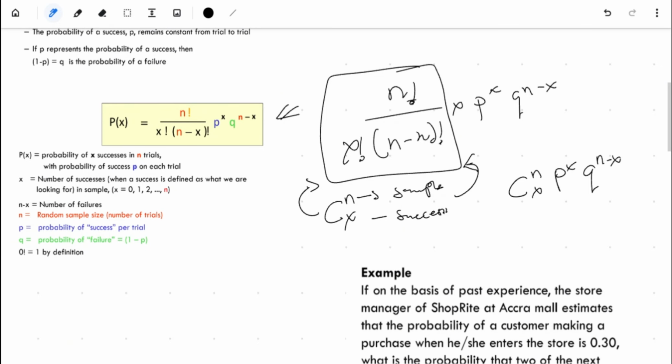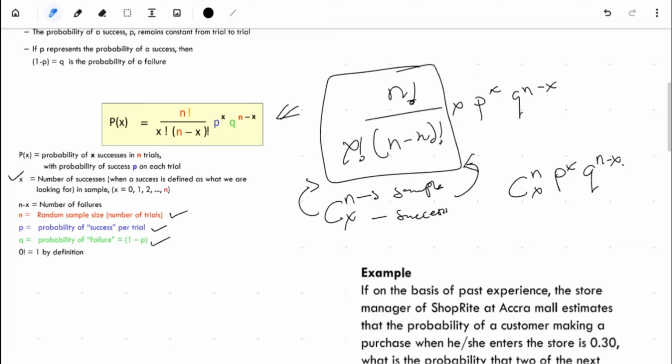Here, n represents the random sample size, p represents the probability of success per trial, q represents the probability of failure, and x represents the number of successes, where a success is defined as what we are looking for. In simple terms, the success could be 0, 1, 2, 3 up to n, right?